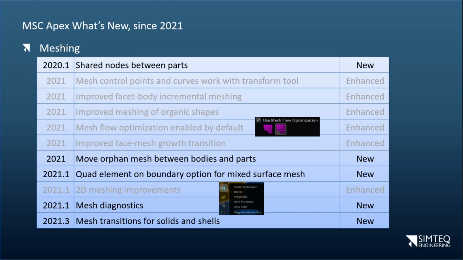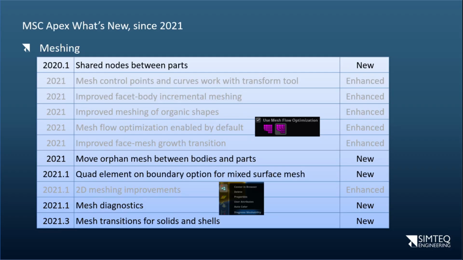Improved facet body incremental meshing, improved meshing of organic shapes. Mesh flow optimization is now enabled by default to help the mesh flow along curvatures or feature lines of your geometry. There's improvements on the face mesh growth transitions. And then from 2021, you could now move an orphan mesh between bodies and parts.